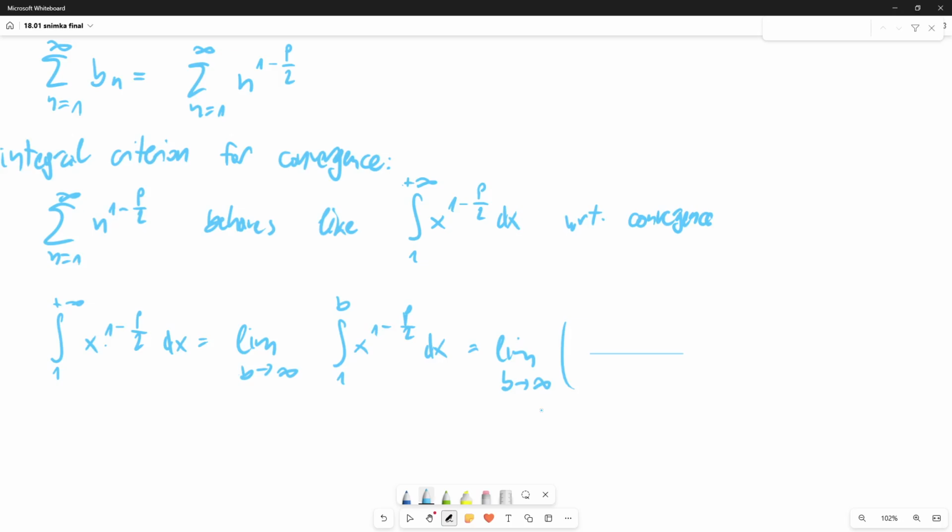So this is 1 over 1 plus (1 minus p) over 2, that is 2 over (4 minus p)... times x to the power of (4 minus p) over 2. And we'll need to plug in our limit values, lower limit 1 and upper limit b.